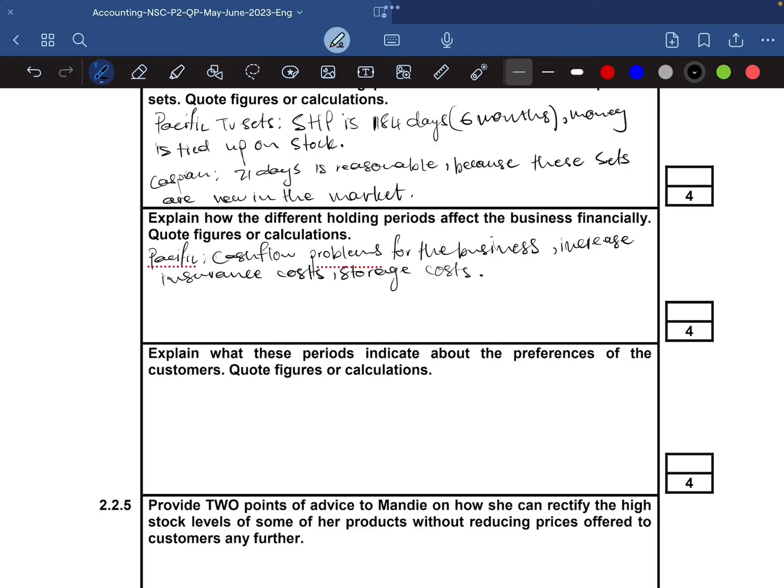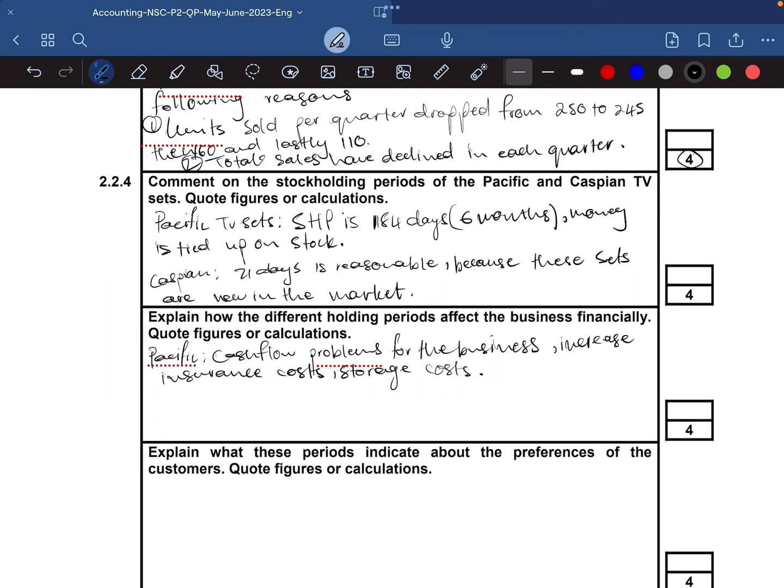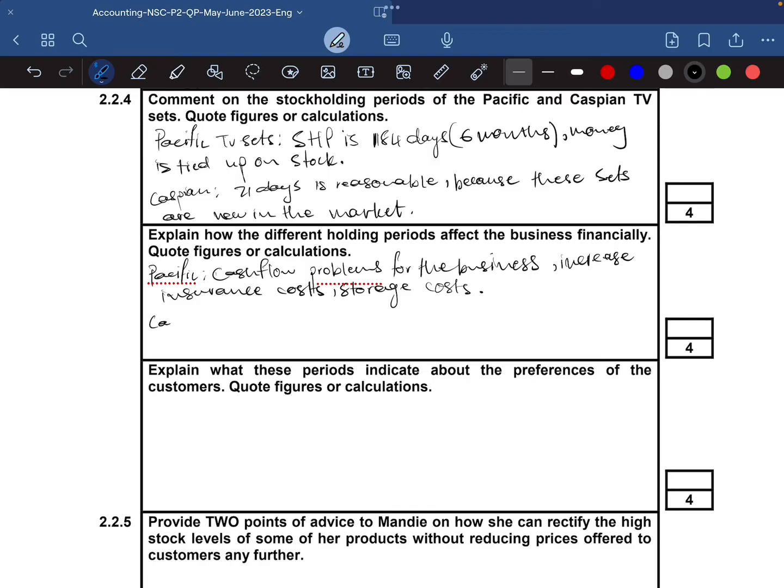And now we should also look at Caspian. So the Caspian brand, as we said, is quite good. I don't think it will cause any problems. So let's say just Caspian here. Increase in cash flow.